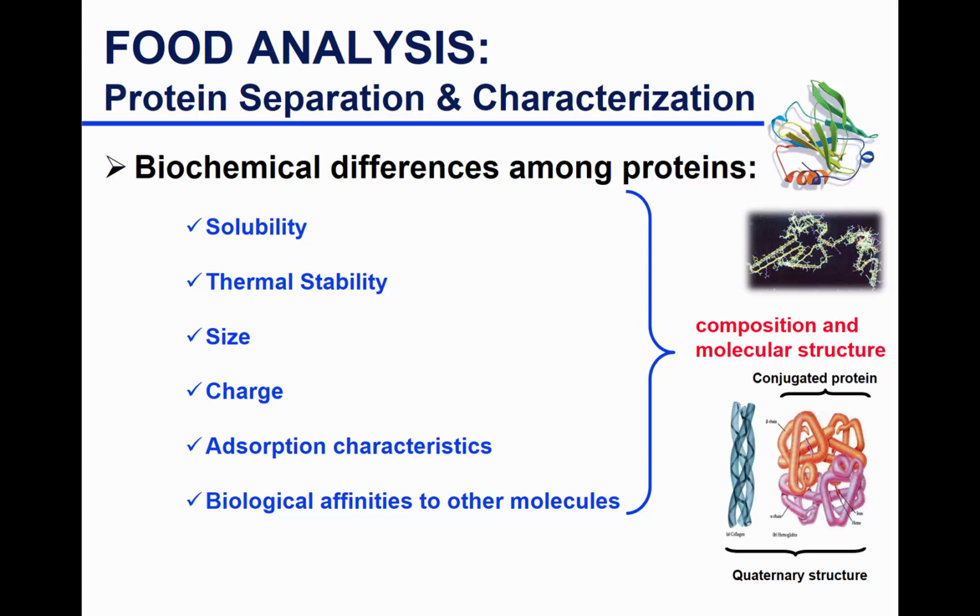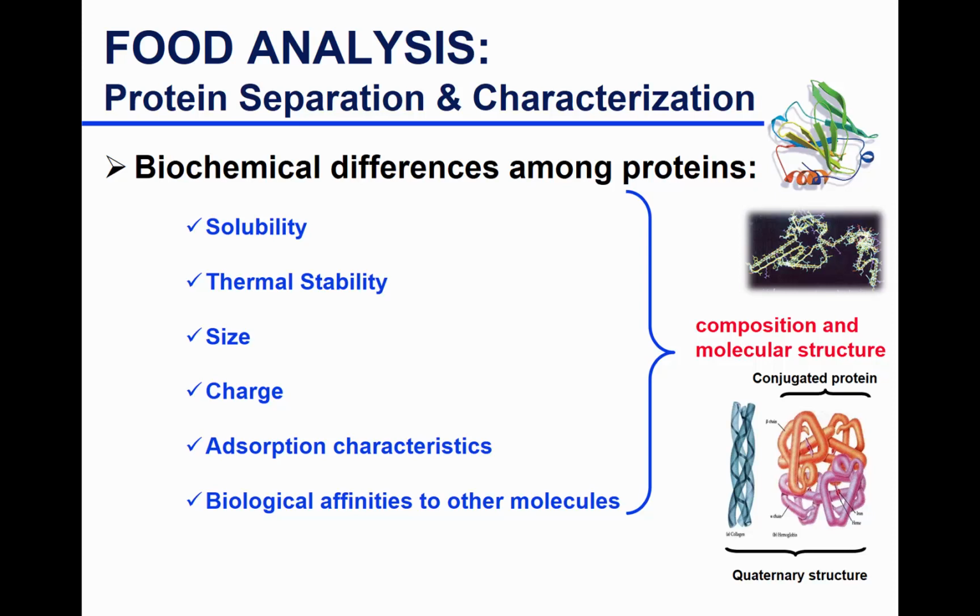So size, we can use size exclusion or membrane filtration to separate the proteins based on their size. Charge, that's where pH and salt can be used to separate proteins based on their charge. You can put a certain concentration of salt and one protein will precipitate while another won't if it has higher net charge than the first protein. Also you can use charge to do ion exchange. You can separate them using cation and anion exchange.